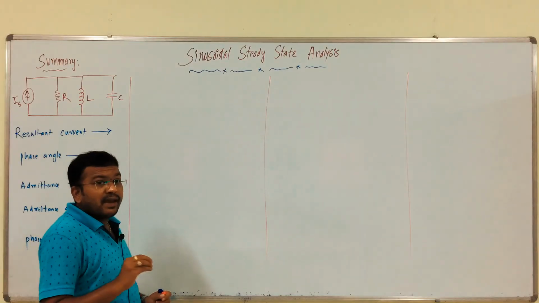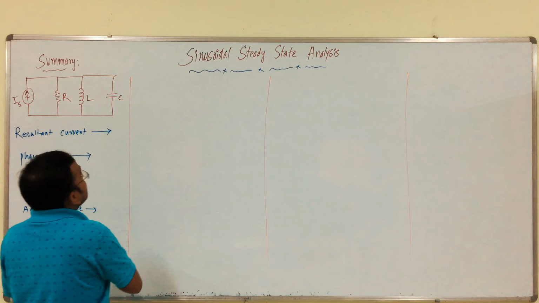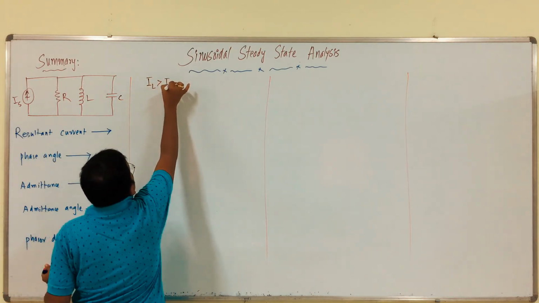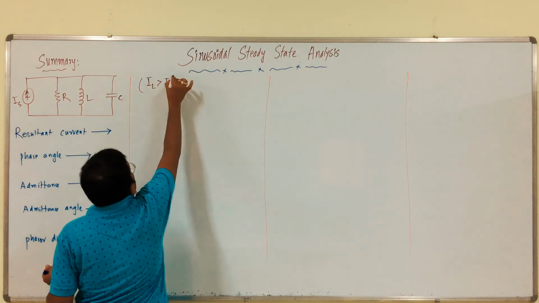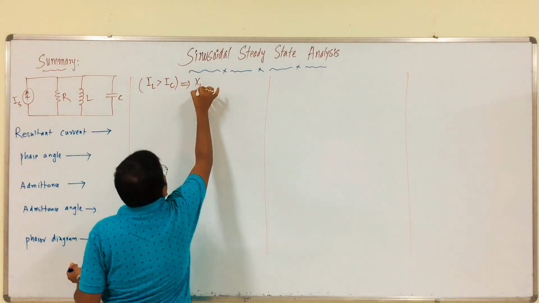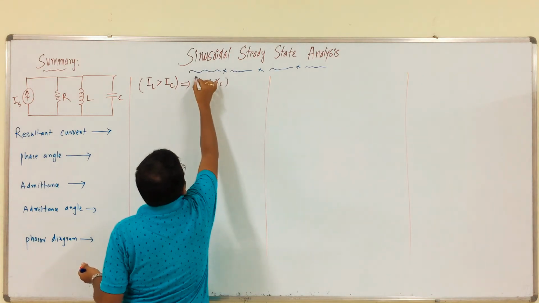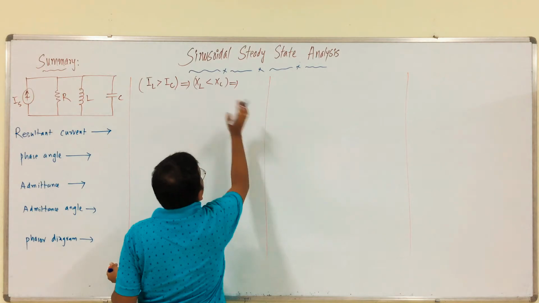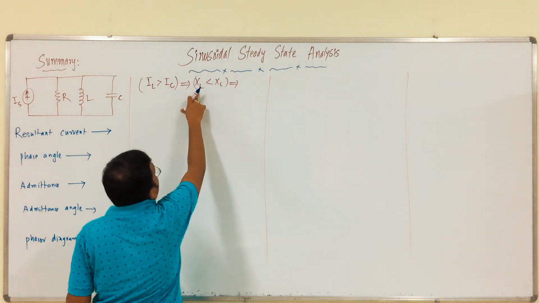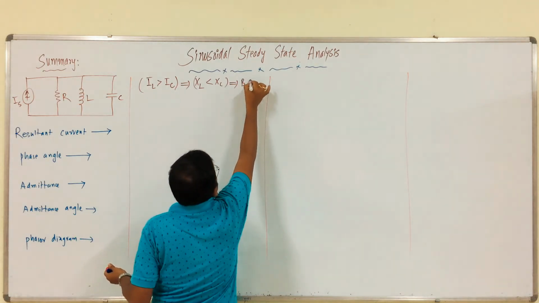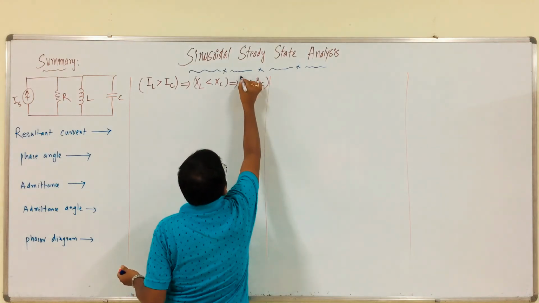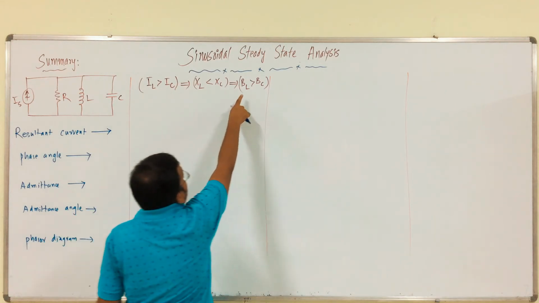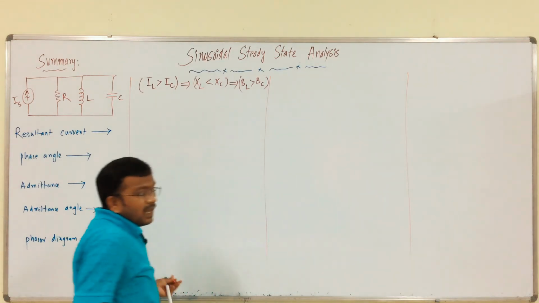Next we will discuss the parallel RLC circuit. Here the conditions are what? First condition, IL more than IC, which means XL less than XC, right? Always inversely proportional to this. Reciprocal of this is susceptance, BL more than BC. So, indirectly, if inductive current is more than IC, inductive susceptance is more than capacitive susceptance.